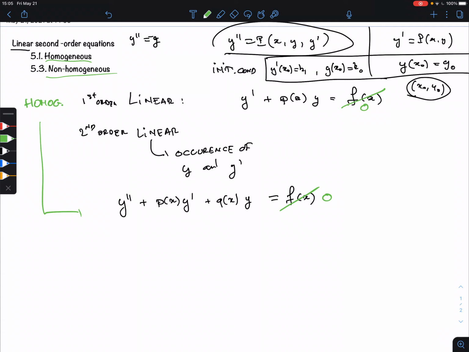So the green is where homogeneous, where we have no f, the f's are 0, and the black is where there is an f. And this f is called the forcing function. We didn't call it that for first order, although you can call it that there also.